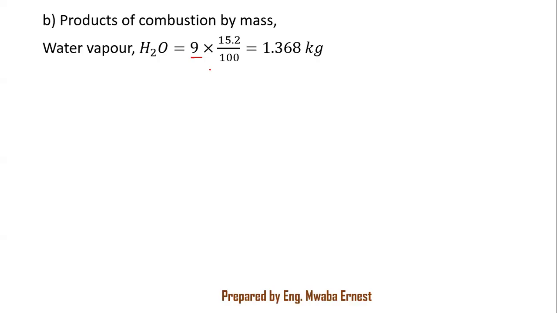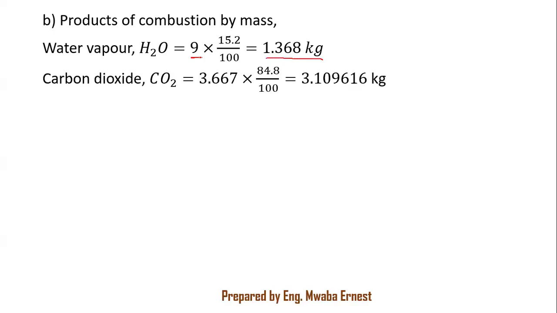In this case, we're not burning 1 kg of that, no. It's 15.2%. So 15.2 over 100 is what we had. When we multiply 15.2 over 100, which is 0.152, times this product, we get the actual end result.